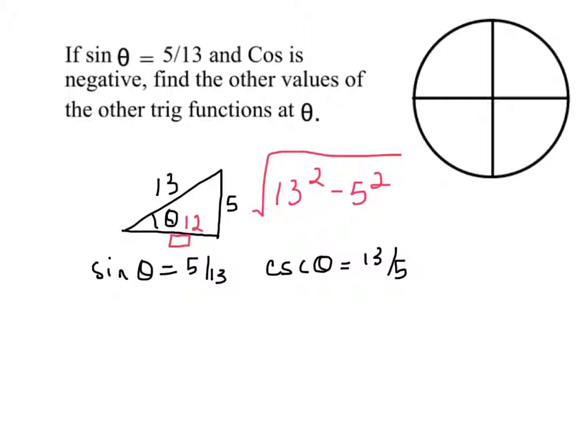So then, cosine of theta is equal to 12/13. But going back up here, you see it told me that cosine was negative. So I should change that to negative 12/13, and secant, the reciprocal, would be negative 13/12.